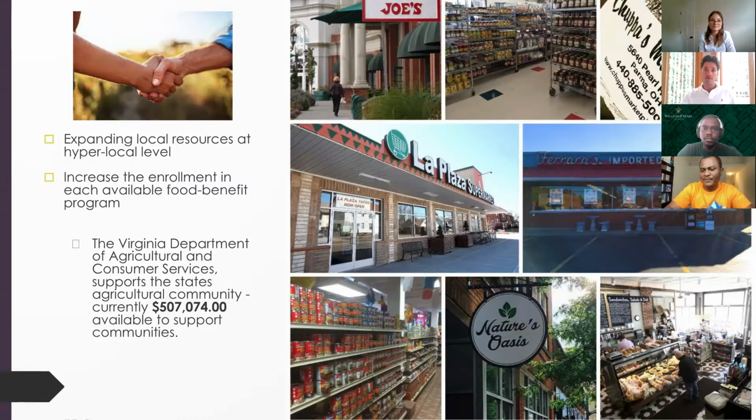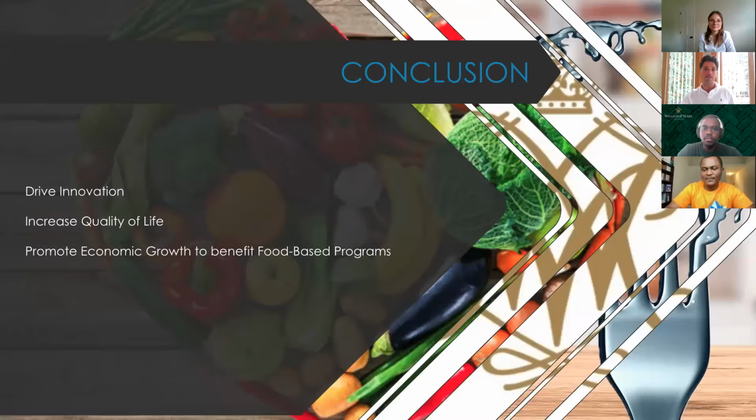In conclusion, in utilizing the data to present opportunities which empower food-based investment via actionable insights, our team has identified the aforementioned solutions that, when leveraged, can truly drive innovation, increase quality of life, and promote economic growth to benefit food-based nutrition programs as a strategic asset for all Virginians within the Commonwealth.